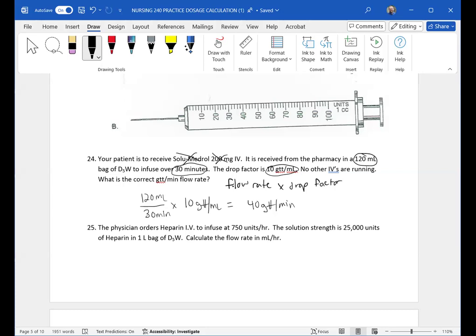Because when we practice, I see some questions where nothing is mentioned. Maybe it's from another campus, but I was assuming it's going to be by minute or milliliter by hour. Right. So if they give you a drop factor, they typically want to know drops per minute. And if they don't give you a drop factor, then you calculate the flow rate in ml per hour. Good question.